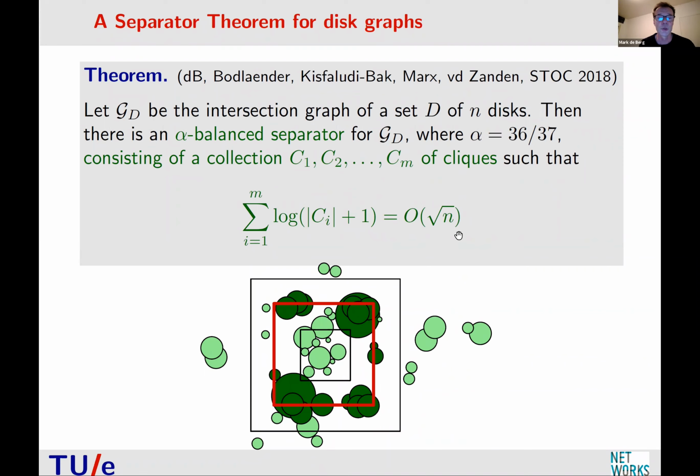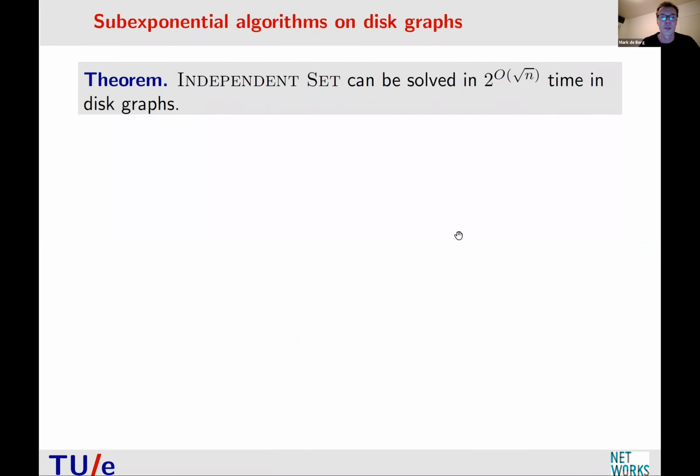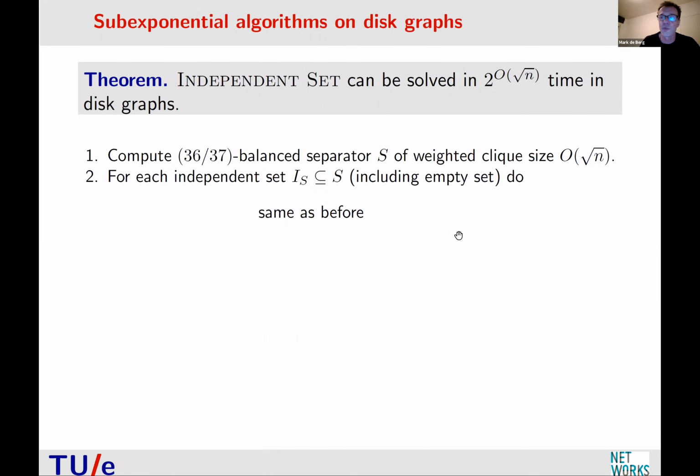So what I want to show next is that with this separator, I can now get a sub-exponential algorithm for independent set on disk graphs. So how does it work? Exactly the same as before.